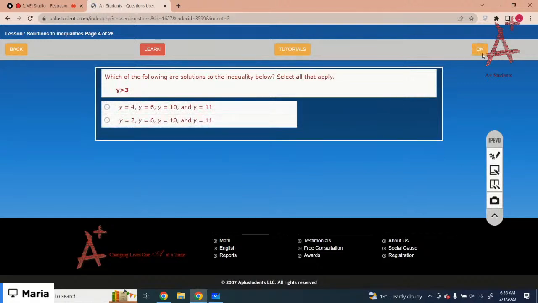Okay, the next one is, which of the following are the solution of the inequality? So the solution is y is greater than 3. Just look at the option that has all the values that are greater than 3: 4, 6, 10, 11. Yes, all four numbers are greater than 3.